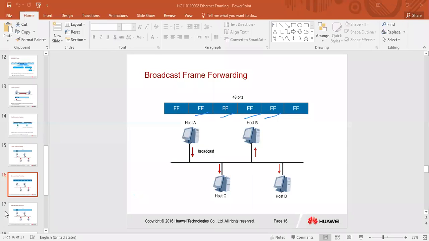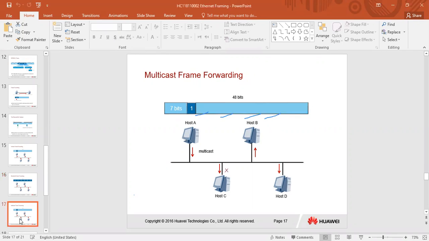Broadcast is one to many, but not specified, not grouped together. Multicast is also one to many, but specific. Suppose there are 100 users in a specific area. In the case of broadcast, all 100 will receive the data, while in multicast only the specific users or specific entities will receive the data.